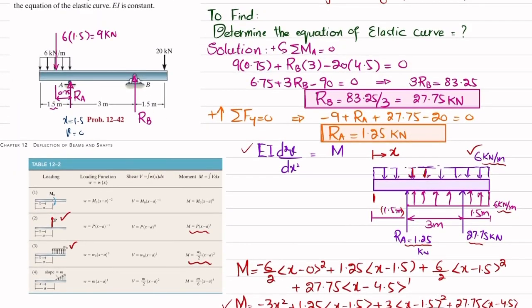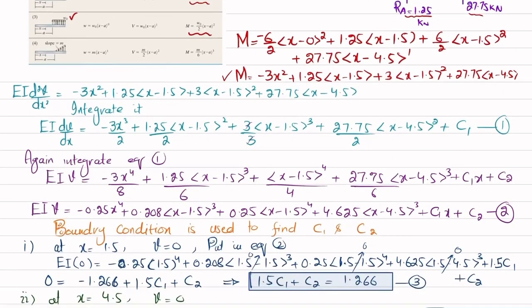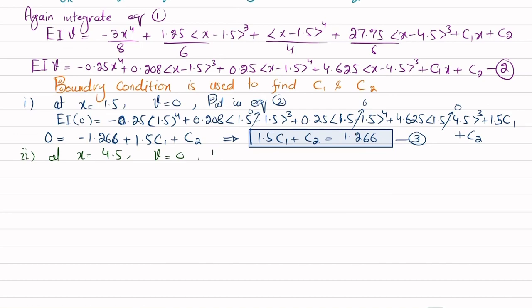Now the second boundary condition is that at x is equal to 4.5, we have deflection equal to 0. So let me show you here, x is equal to 4.5 and we have deflection equal to 0 because there is a pin support. So what we will do is put this in equation number 2 again.